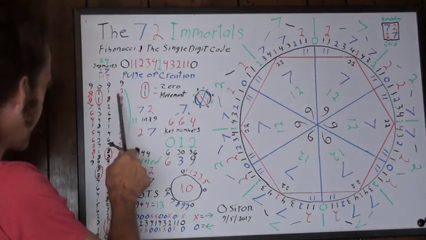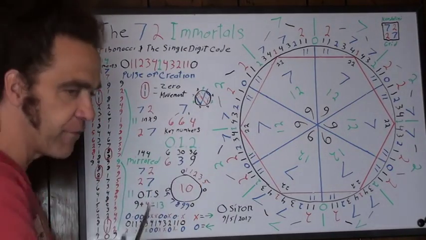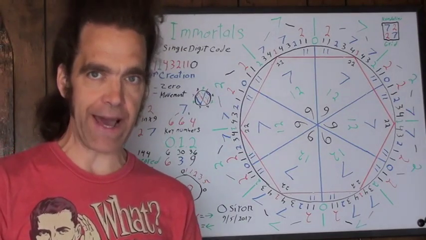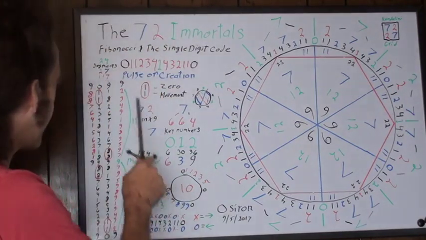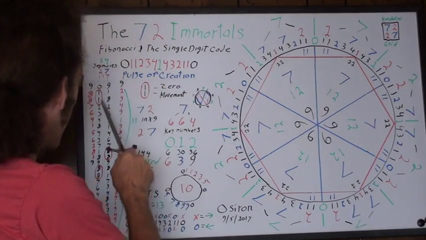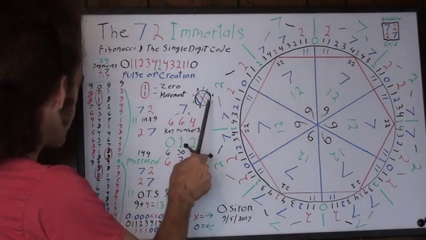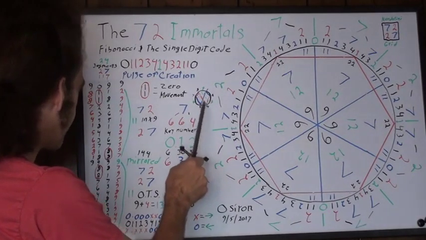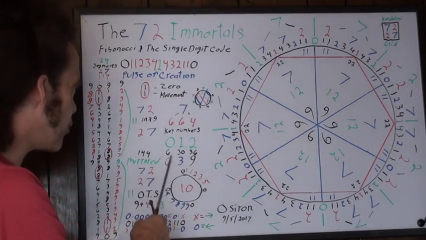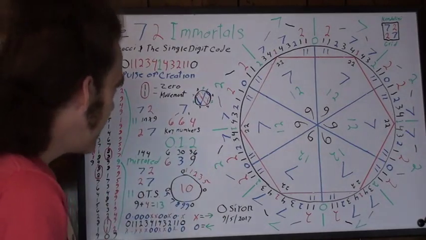And it's derived by filtering this string of numbers through its movements on the vortex math wheel, following the shortest path. So in the case of 1, 1, 1 is 0 movement, and then 1 to 2 is 1 movement, and then 2 to 3 is 2 movements, and 3 to 5 is 3 movements, and 5 to 8 is 4 movements, and so on and on. And that's how this code is derived.